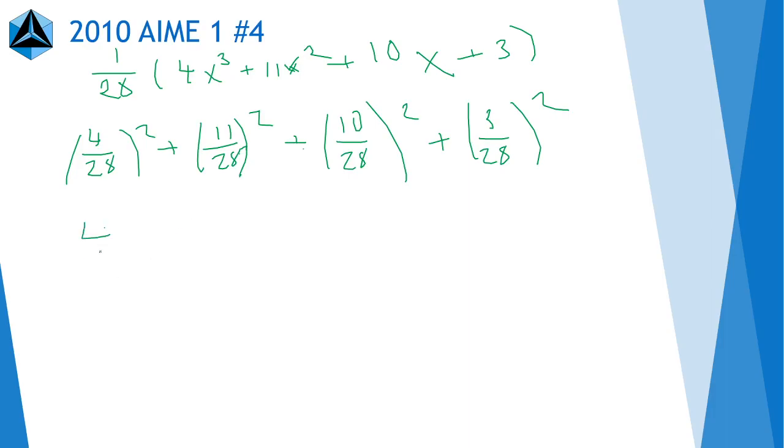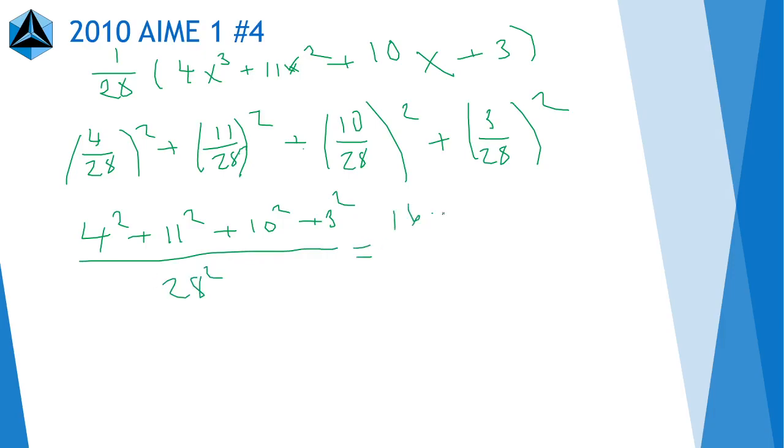So this is 4 squared plus 11 squared plus 10 squared plus 3 squared, all over 28 squared. 28 squared is 784, and the squares are just 16 plus 121 plus 100 plus 9, all over 784.